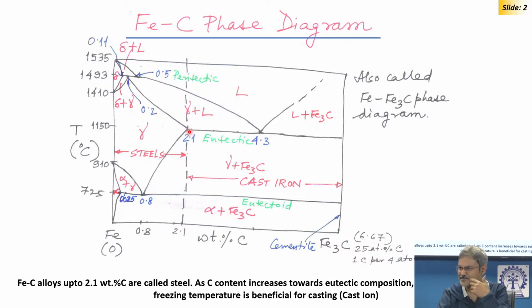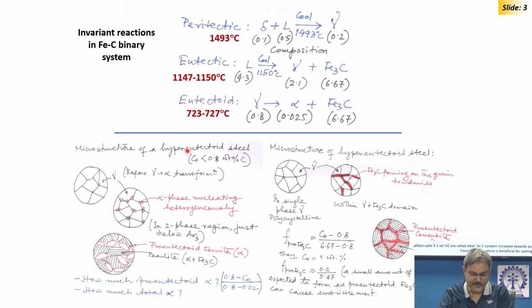So there come the first questions people ask: number one, why does so much carbon go into austenite compared to ferrite? And number two, if carbon goes into solution in austenite and ferrite, would it have the same effect on strengthening? This is the second question often asked in students' viva voce. With this, I move to the next slide. I will answer this question very briefly.